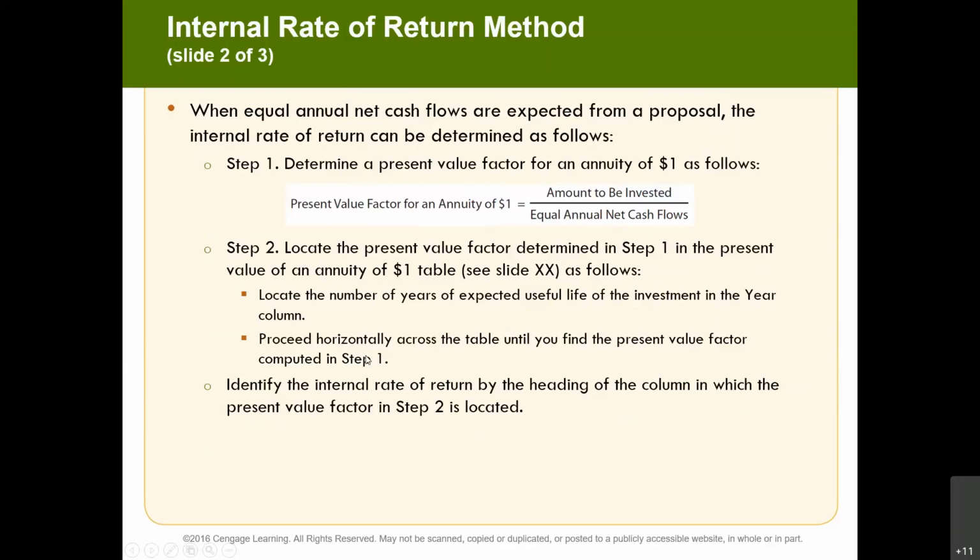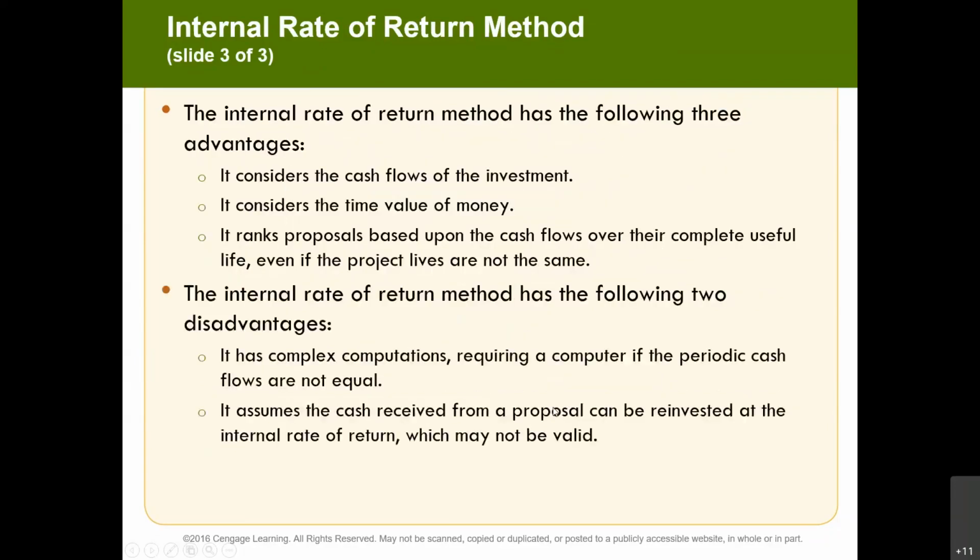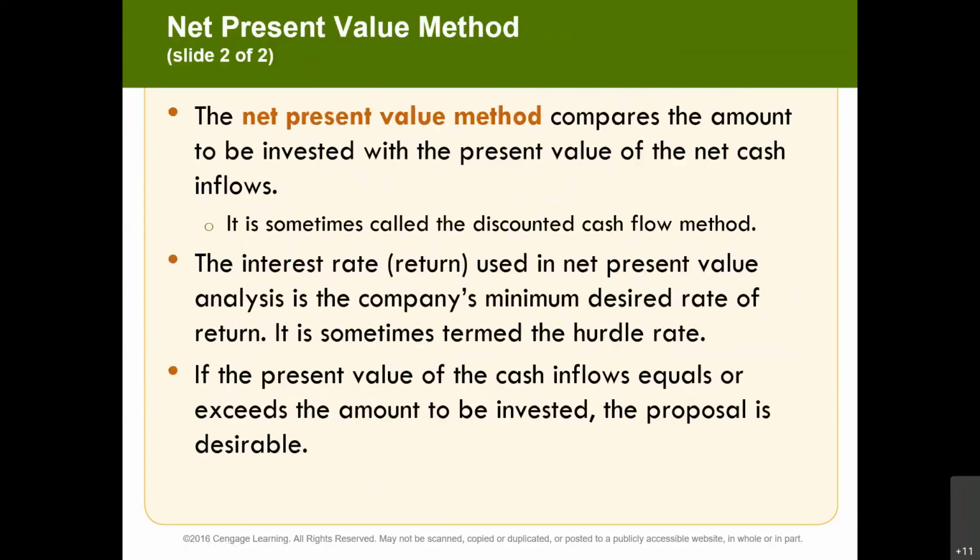And then we would proceed horizontally across to find the present value factor, the percentage, of course. Then we would identify the internal rate of return by heading the column at which the present value is located in step 2.